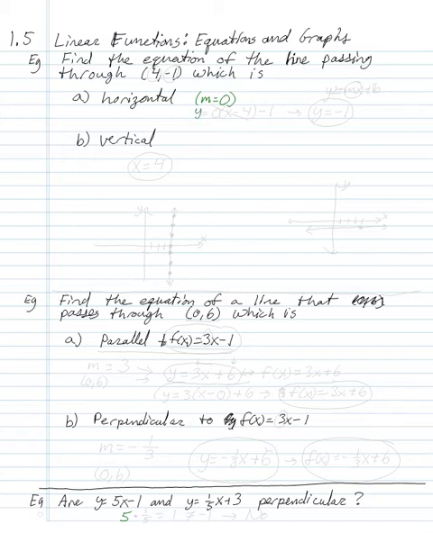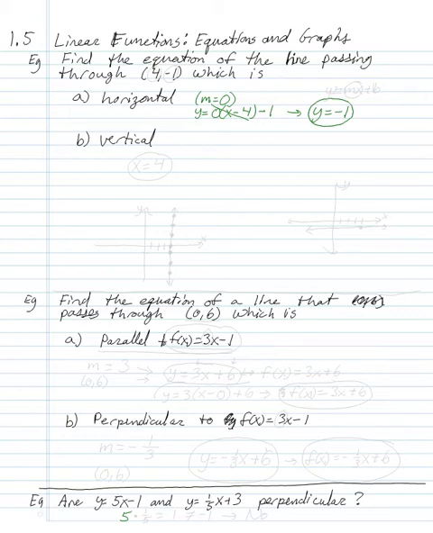So we could say y equals m times x minus x1, in this case 4, plus y1, so plus negative 1. Now, one of our properties of the real numbers says that anything times 0 is 0. So this piece completely disappears, and we just get y equals negative 1 as the equation of our line.